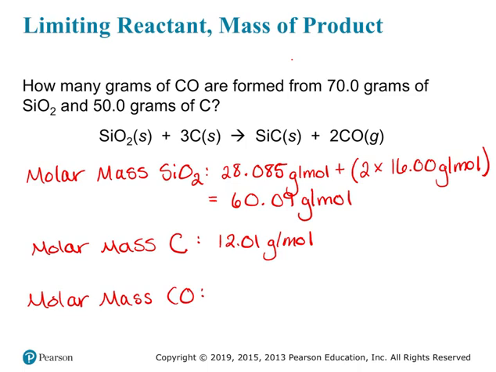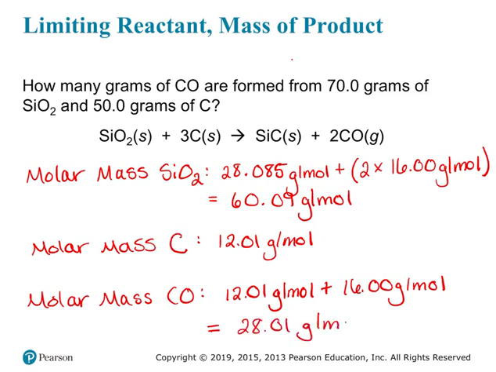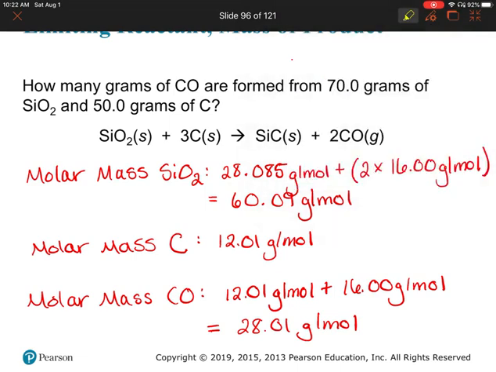Okay, so we need the mass of carbon, which is 12.01, and the mass of oxygen, which is 16. Okay, so if we add those two together, we get 28.01 grams per mole. Okay, so those are the three masses that we're going to use in our calculations.